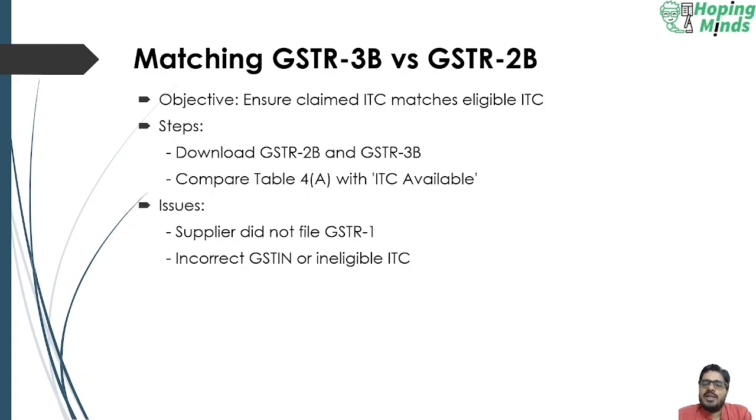Then maintain a monthly reconciliation tracker. So a monthly reconciliation must be made so as to ensure that all the credits that pertain to us have been availed, or such credits which are not availed by us due to the reason that they are not appearing in our GSTR-2B must be communicated to the suppliers on time.